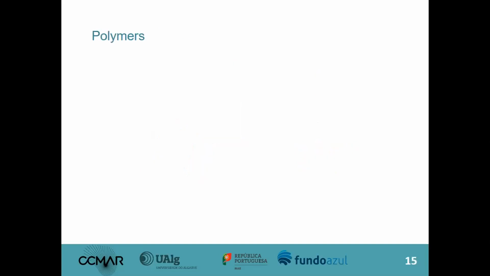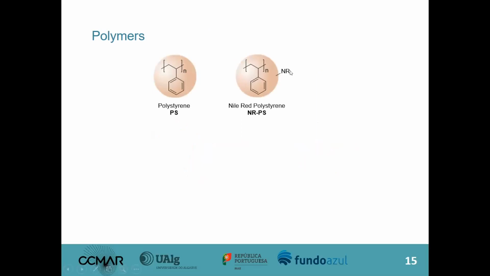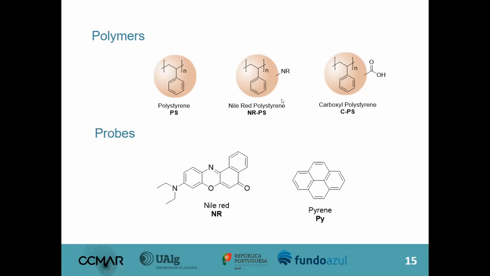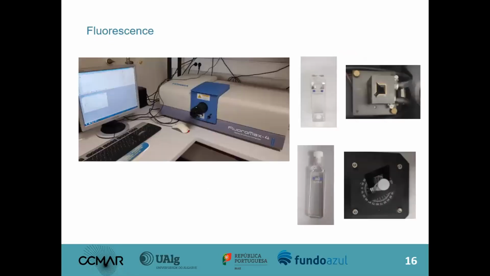So in a recent study, we chose 3 types of polymers. We chose polystyrene, polystyrene with covalently linked Nile red, and carboxylated polystyrene. You will see in the next slides why I chose exactly these 3 types of polystyrene. As probes, I chose Nile red and pyrene.